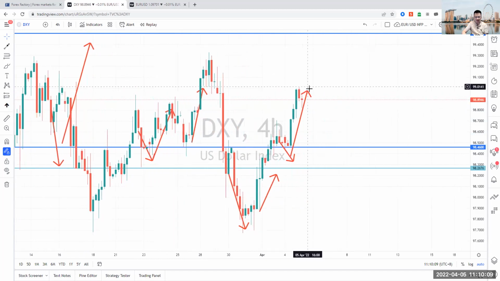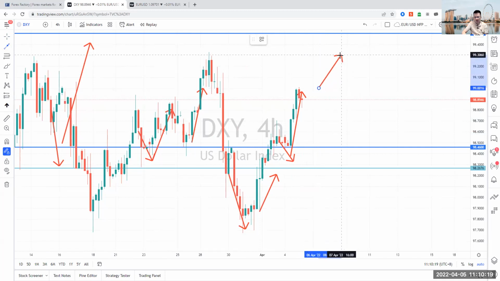What I would say is I'm still expecting further upside in the dollar, right? I'm still expecting it to go from 99 towards that 99.30 level. But I think we're going to see it sit across a little bit, consolidate, maybe retrace a little bit before bouncing back up again.